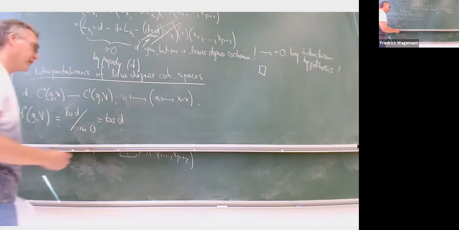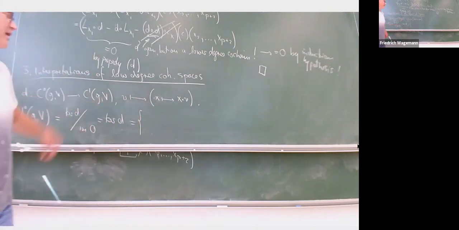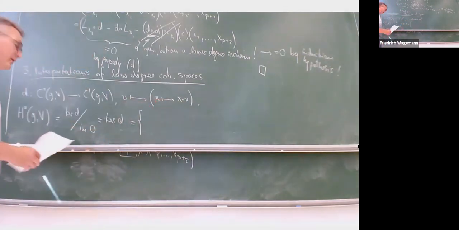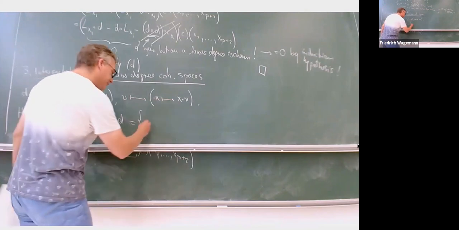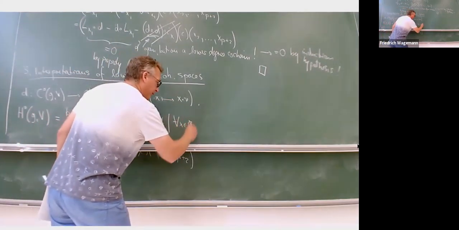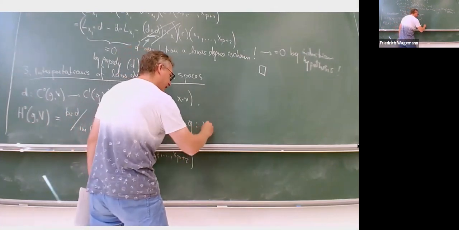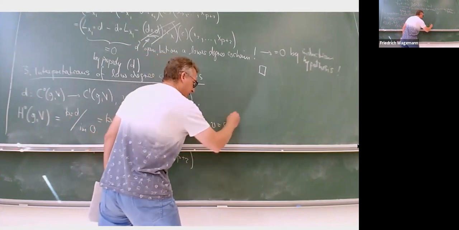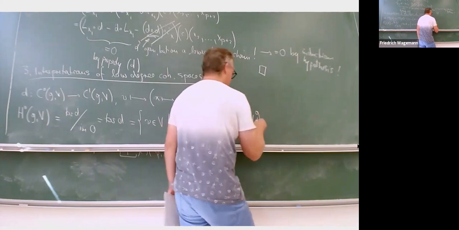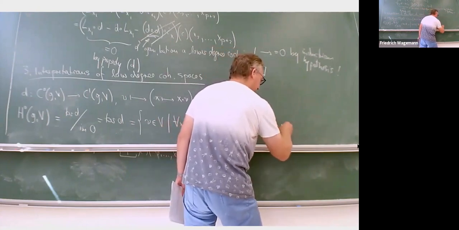Yeah, and so what are the elements which are sent to 0 under this map? These are the elements v of V such that x dot v is 0. Yeah, and these are called the invariants. This is denoted like this, space of invariants.